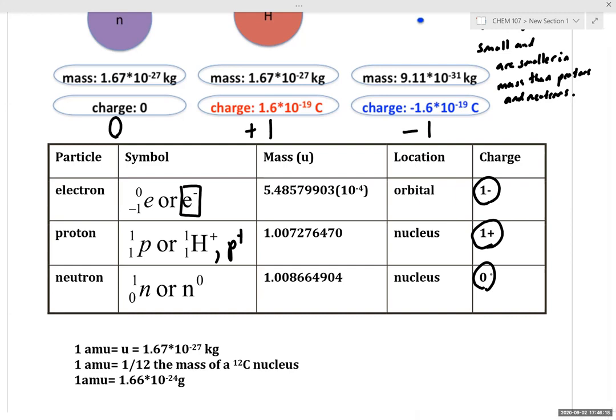So that's what I want you to take away from this discussion. Atoms are made up of smaller subatomic particles. And what we're going to focus on in these next few slides is how these subatomic particles behave, how they are arranged, and how they impact reactivity and properties. Okay.